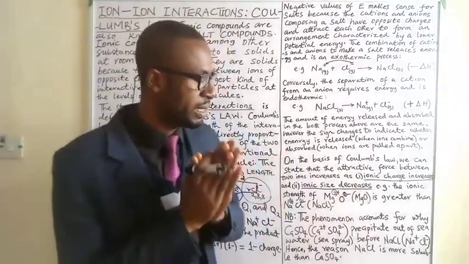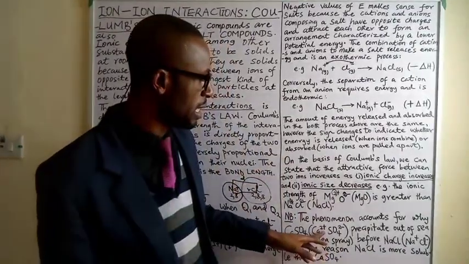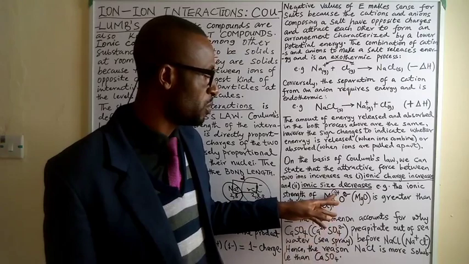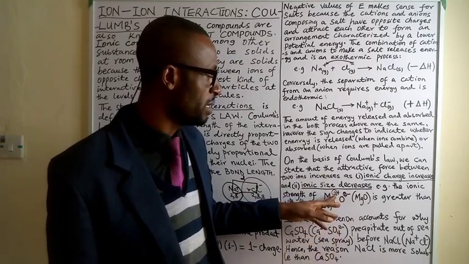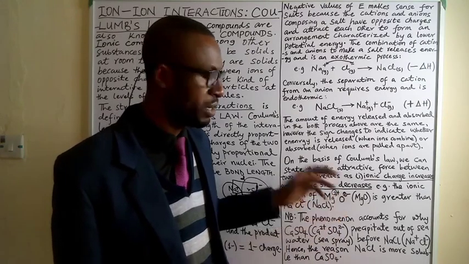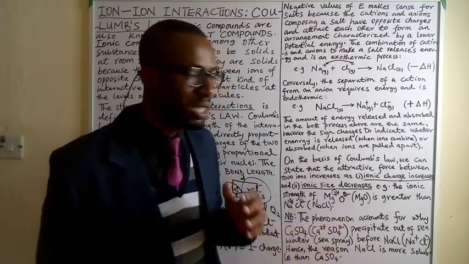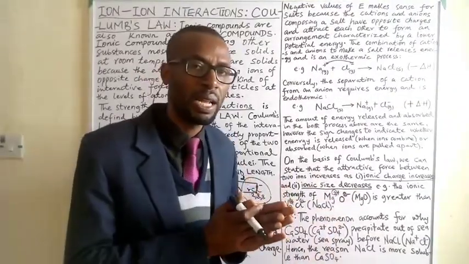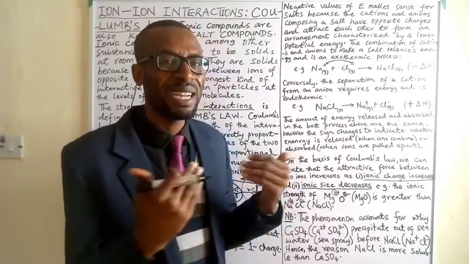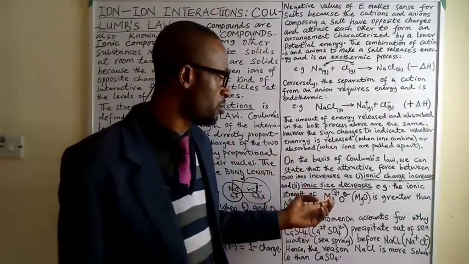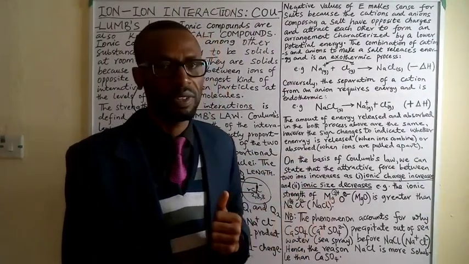All right. So exactly, if you look here, you see that calcium is 2 plus, sulfate is 2 minus, which is exactly what we have in what? Magnesium and what? Oxide. Because this is 2 and this is 2, this is 2 and 2. So ultimately, sodium chloride has weaker attractive ion-to-ion interaction than magnesium oxide and calcium sulfate.